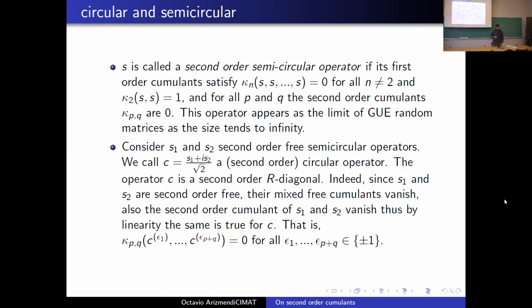We're talking about some object that doesn't exist, but its moments exist. So what I'm saying is that the combinatorics of the limiting joint moments of the GUE can be characterized by the cumulants being 0 except the K2.